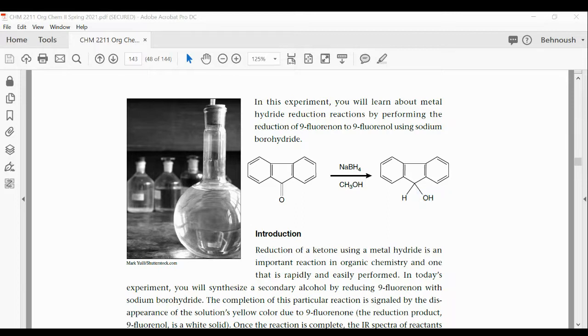Let me just double check. Yes, you used 0.4 grams. It's not 0.4 grams, it's 0.4 milliliters, but you multiply by the density. Minor. Thank you. Okay, you're welcome.